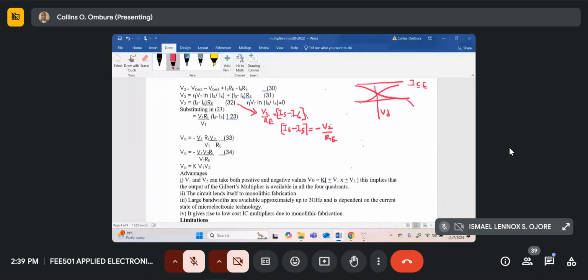So this could be maybe your I5, and this could be your I6. And if R is equal to 0, this is about 4 VT, which is approximately, VT is 26 millivolts. It's approximately 100 millivolts. When one current shifts from one transistor to the other transistor.